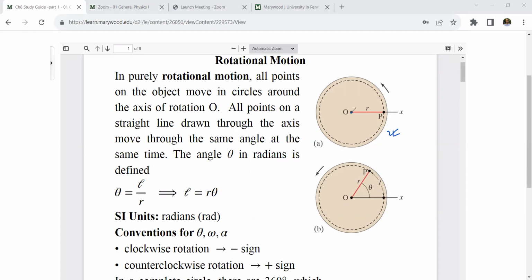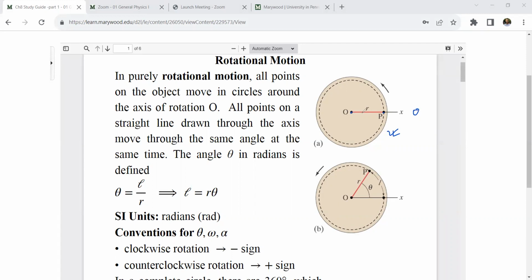Now let's consider a point P on this object. Let's say for simplicity it's on the x-axis. So the angle for the point P is 0 now, 0 degrees, although we don't use degrees, and I'm going to talk more about that.